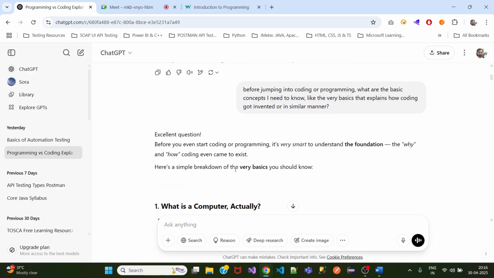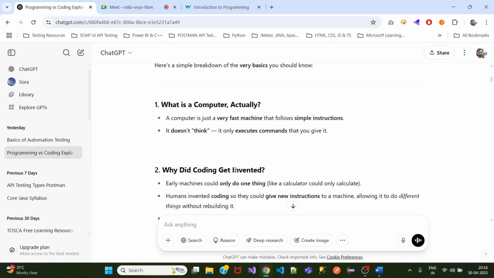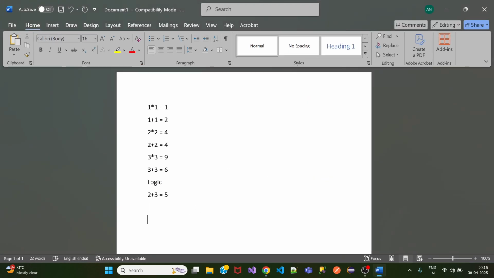Now, what is a computer actually? I have one question. Is a computer intelligent or dumb? Computer is dumb, because we give some input, and it gives only the answers we feed it.